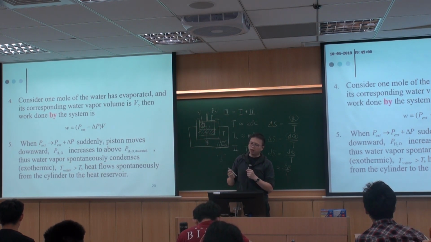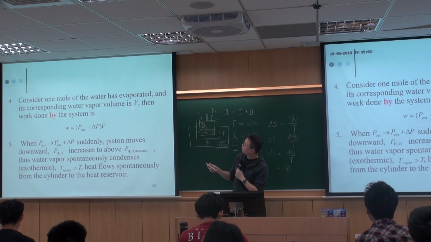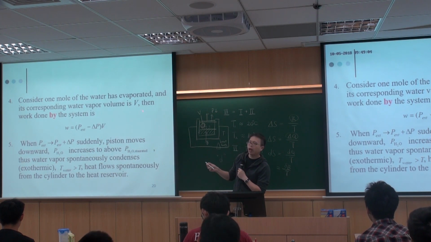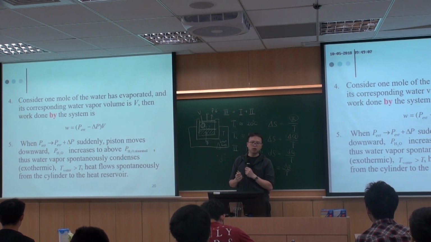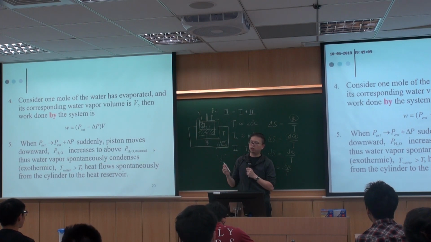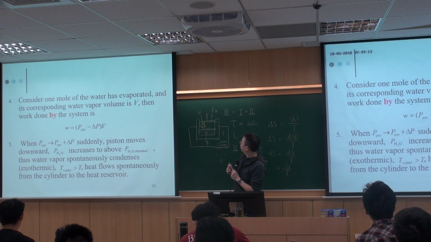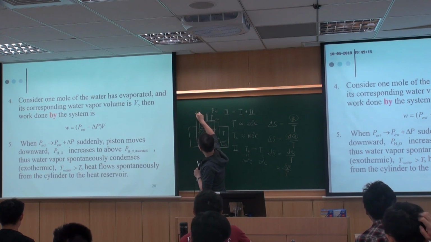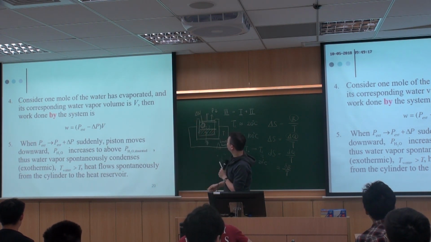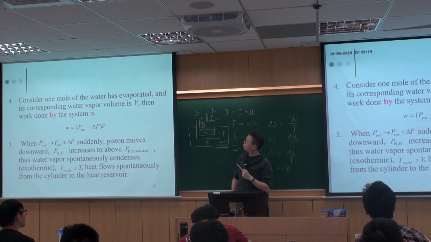So this V is actually not, well, I won't say this is a constant. This is actually a change in terms of volume. But this is the notation in the textbook. Personally, I prefer calling this delta V. Maybe this is more straightforward to you.